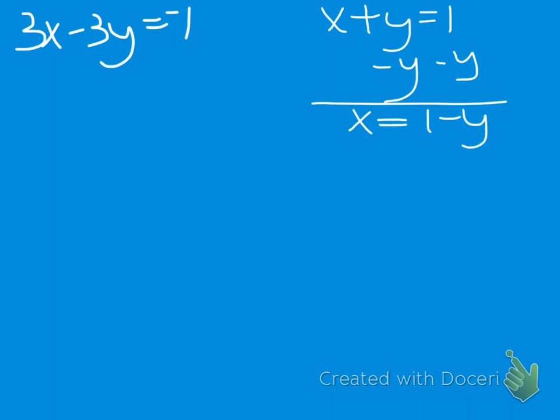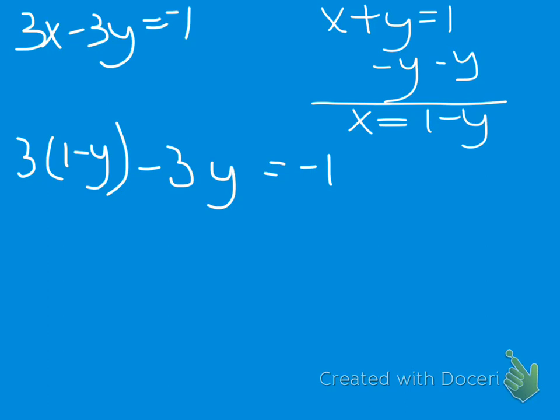You were going to plug this 1 minus y into this x over here. That's right. So then 3 times (1 minus y), minus 3y, equals negative 1. Very good, and you're distributing already.